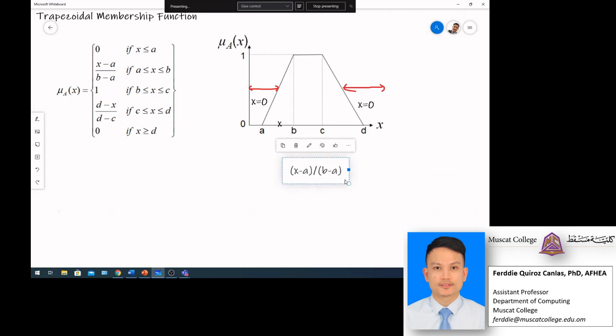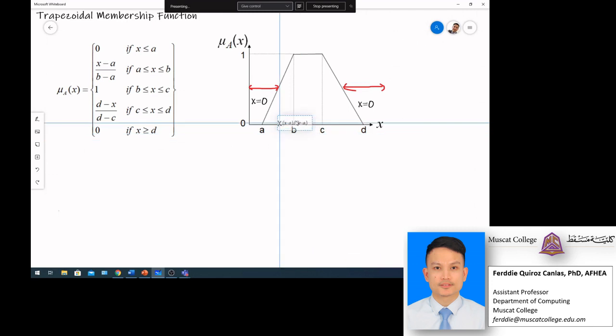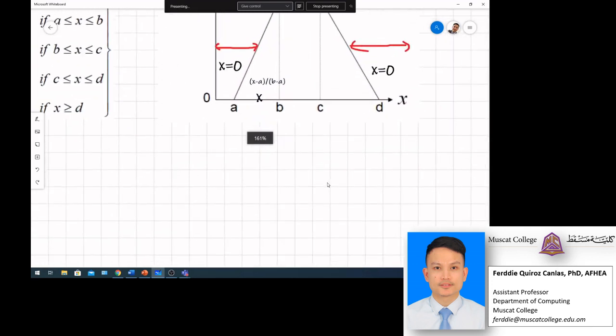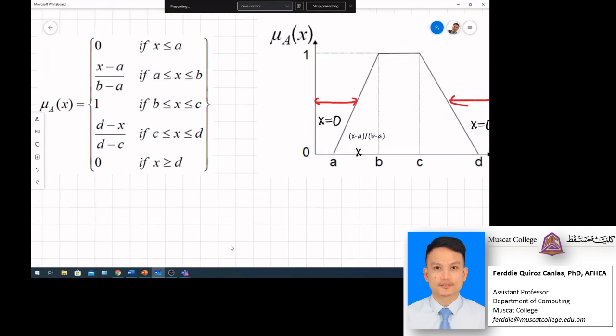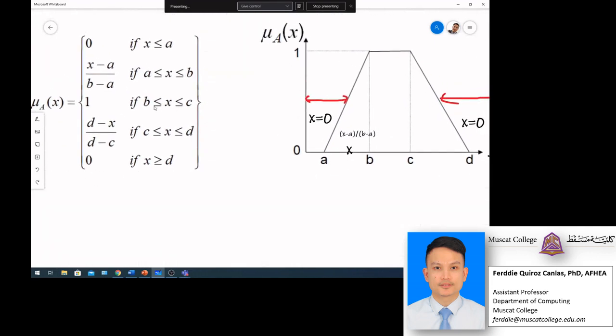Okay, if it is here, so this is the formula. If x is between b and c, automatically it will get 1. Let me just put a note here, I forgot.